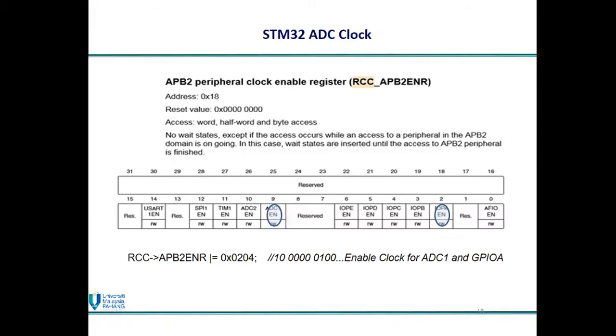As usual, when we write a program using a bare metal C programming technique, we need to enable all the peripheral clocks first. So if we use ADC peripherals in our project, we need to enable the ADC clock. Since the ADC is connected to the APB2 bus, when we want to enable the ADC clock, we need to enable it in the RCC APB2 enable register.